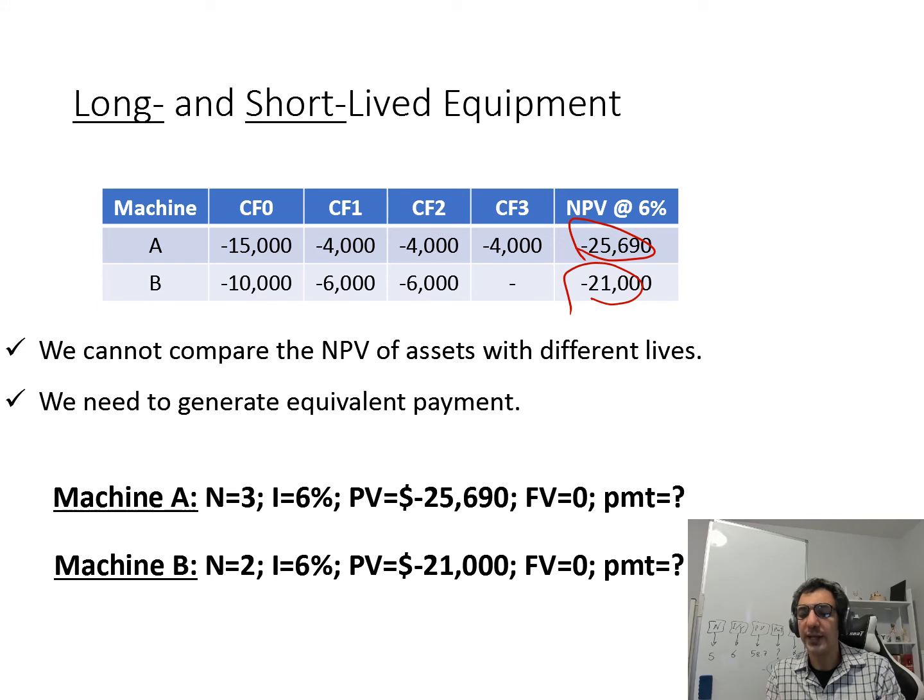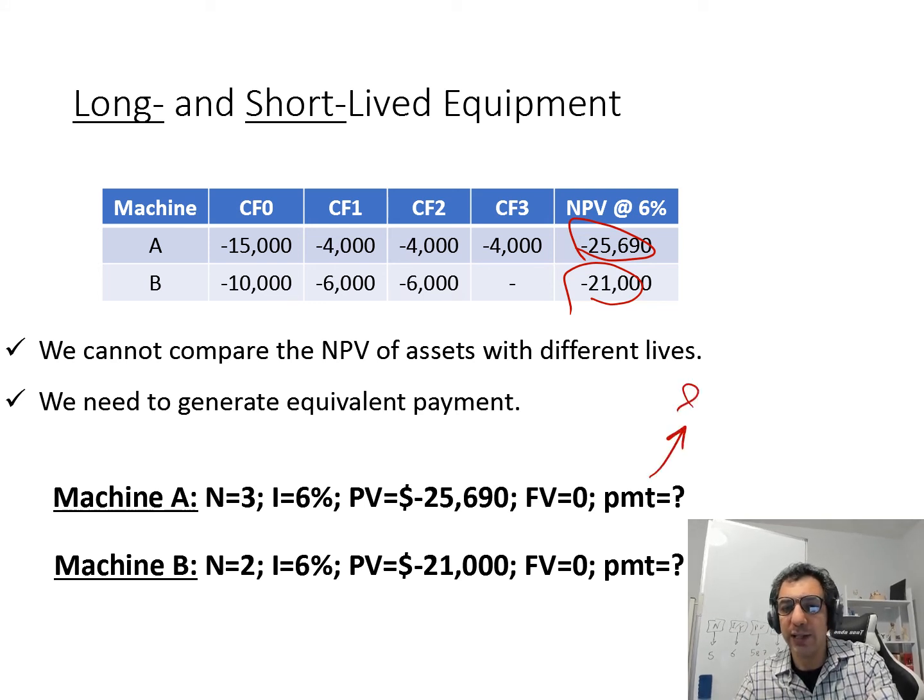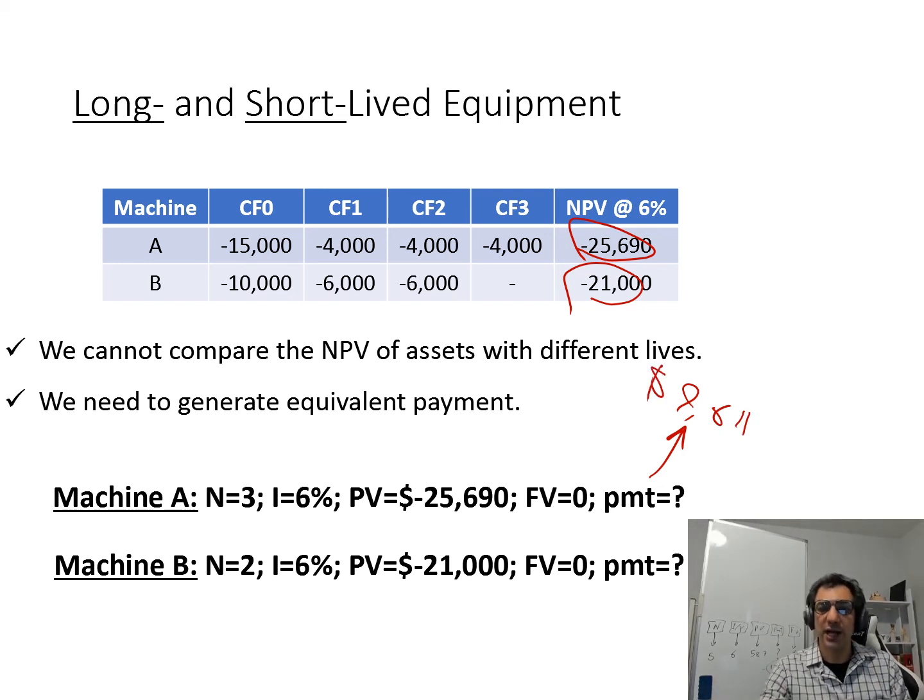So for machine A, so 3 N, 6 I, 25,690 present value. Future value is 0. I'm computing the payment. So for machine A, the number I have here for the payment is 9,611. So the equivalent annual cost is 9,611, and for sure that's a kind of negative number.